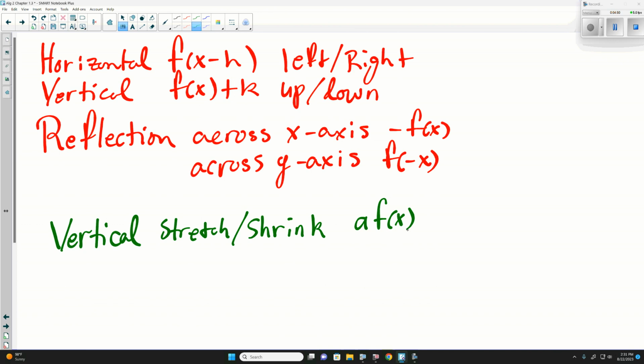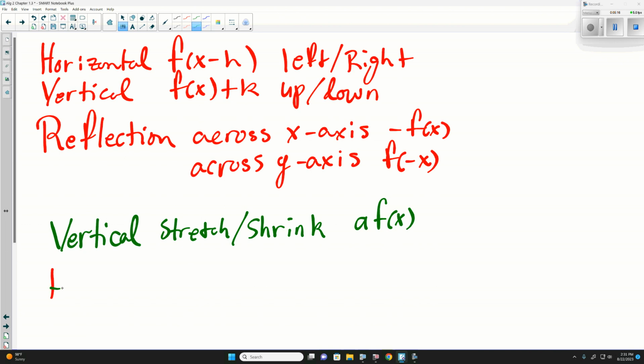The same is true for vertical, up and down: we still use f of x plus k. So if it tells us a vertical stretch of 2, the value of a is 2. If it says a vertical shrink of 1/3, the value of a is 1/3. Questions on this here?